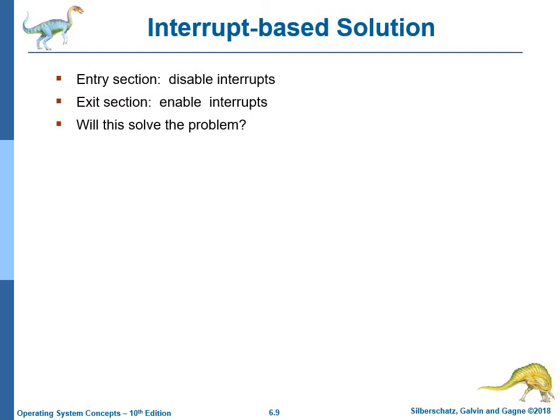So bila proses dah masuk critical section, dia punya interrupt will be disabled sebab only one process can execute dia punya critical section. So proses lain tak boleh enter the critical section.